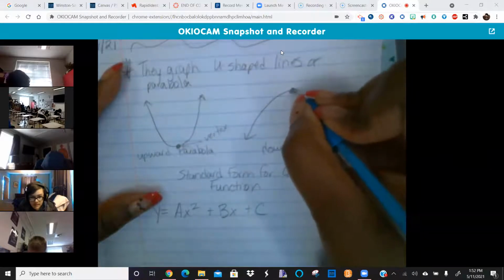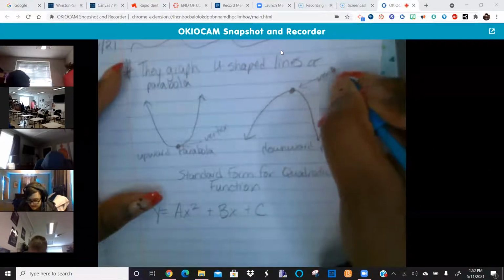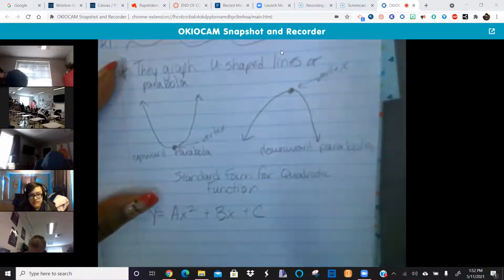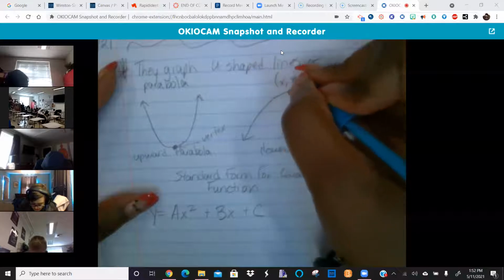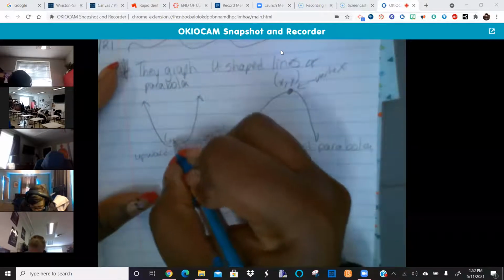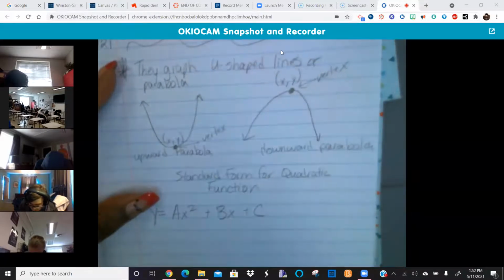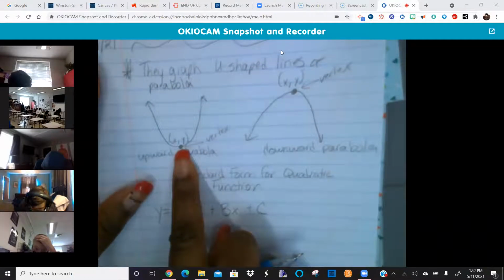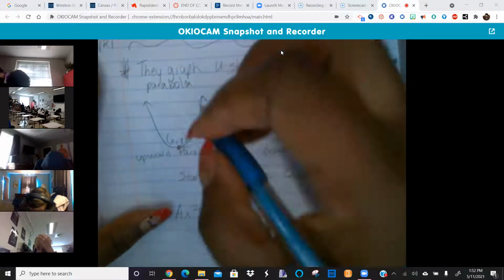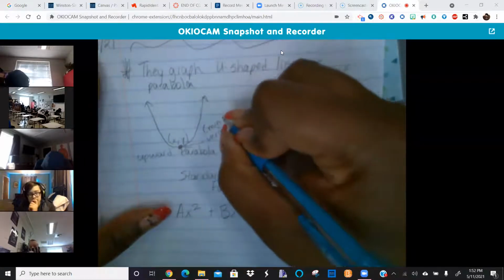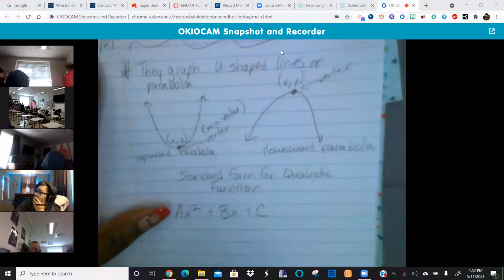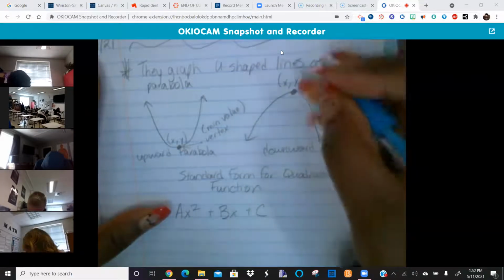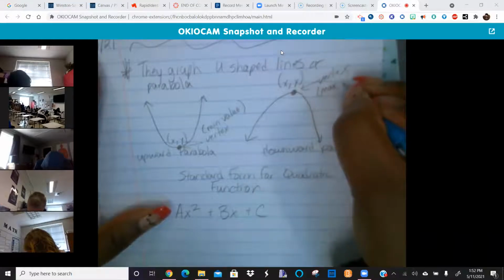The highest point of the parabola is called the vertex. And of course, your vertex has an x coordinate and a y coordinate. Your lowest point of the parabola, the vertex, is also called your minimum value. Your highest point of the parabola, or vertex, is going to be called your maximum value.